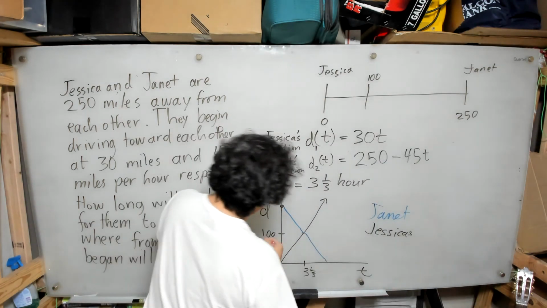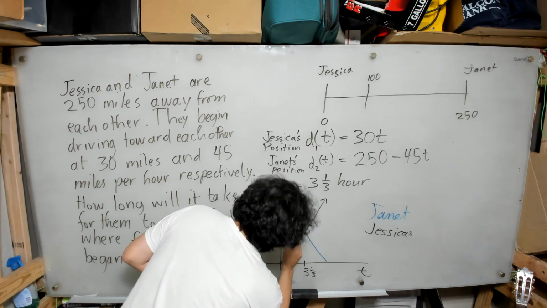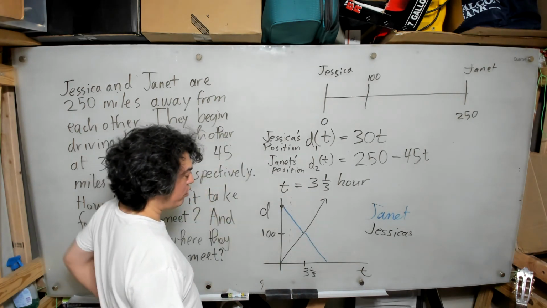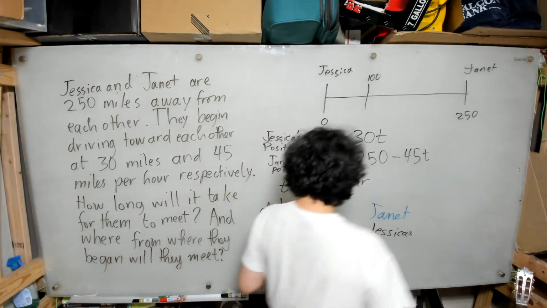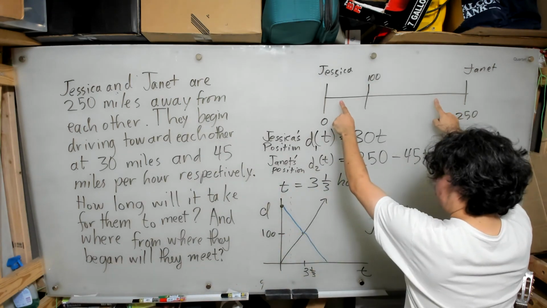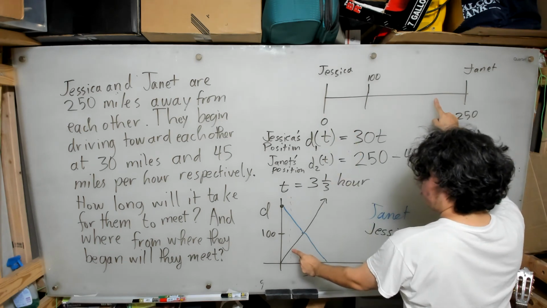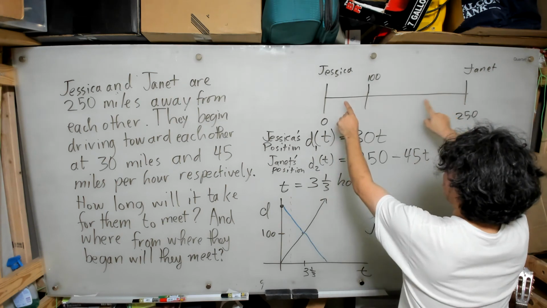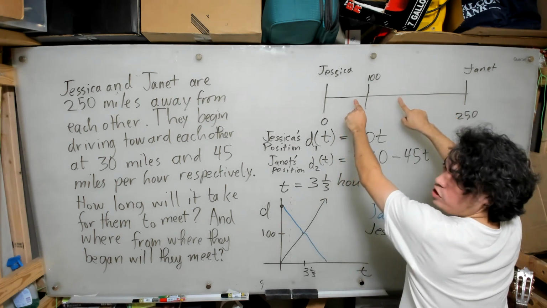Let's say at this time period here, whatever that is, let's say time t equals 1 hour. Then you can see that Janet is somewhere over here, and Jessica's somewhere over here. If you go closer here, then Janet is further here and Jessica's further here.